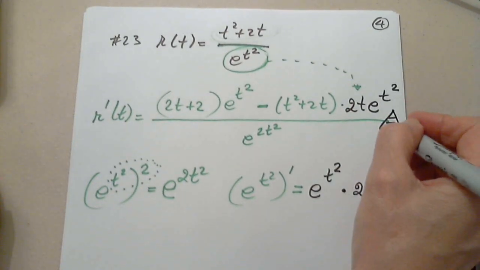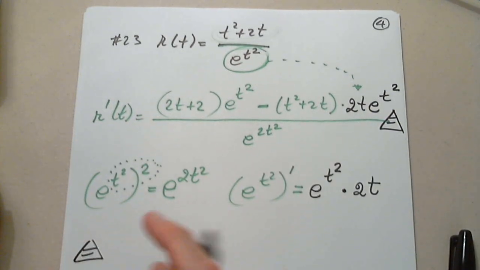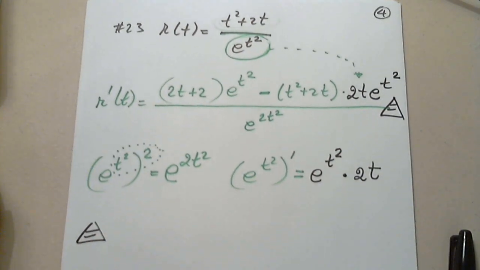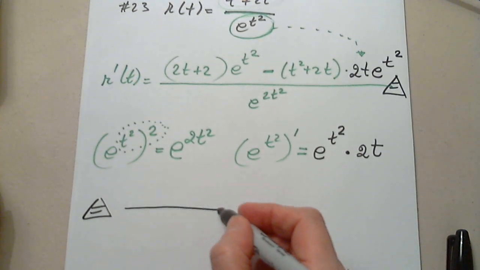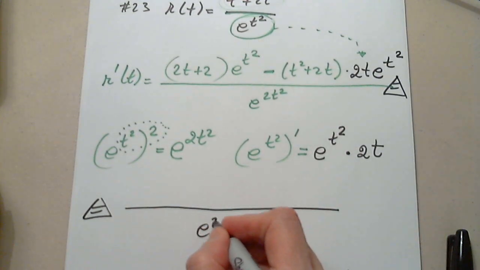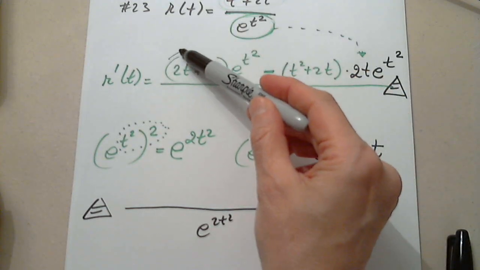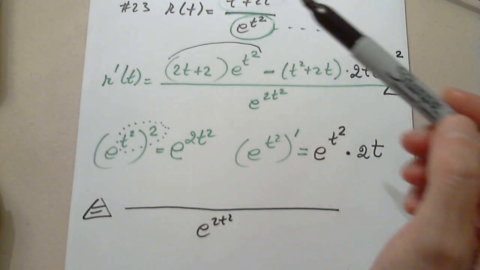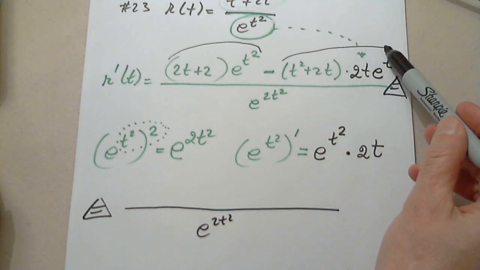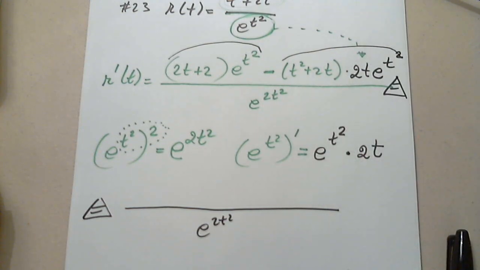Okay, so I'm going to skip over this, and this continues here. Is there a common factor that I can pull out from the numerator? This is one term, and this is the other term. Is there something that we see in both and I can pull it out?